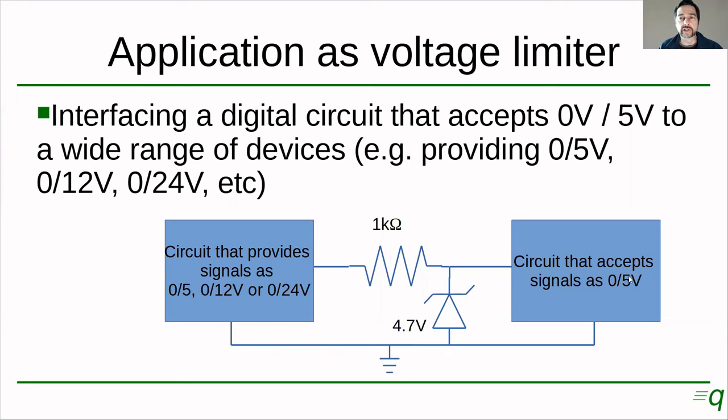That's very close to the 5 volts that this circuit is going to be recognizing as 1, and it's going to be below 5 volts, and that is going to be protecting this circuit. So that's one of the applications where you may want to use a Zener diode, okay, to protect this circuit from an overvoltage.